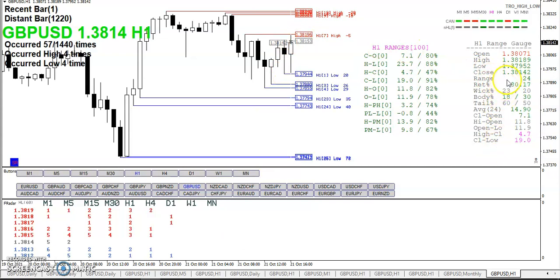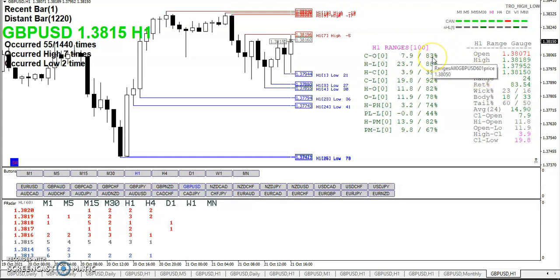And then you get back into looking at the range. So far, we had 24 pips this hour, but the average over the last 24 hours is 14.9. So we've already extended that range. We've passed the average. So looking here, high minus low, with that 23.7 pips of range to be exact, this one rounds it. And we're at the 88th percentile.